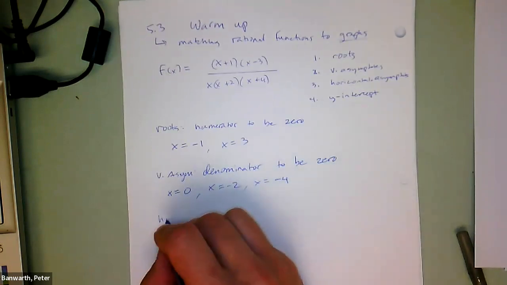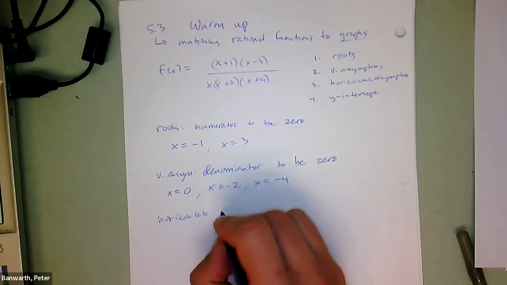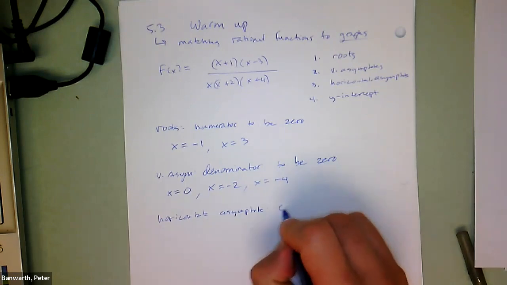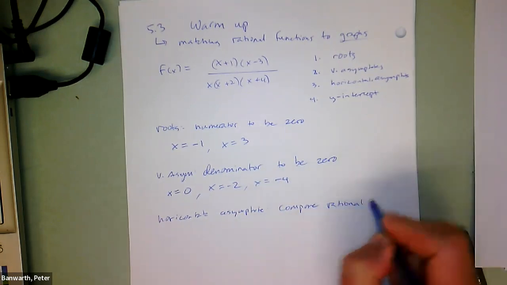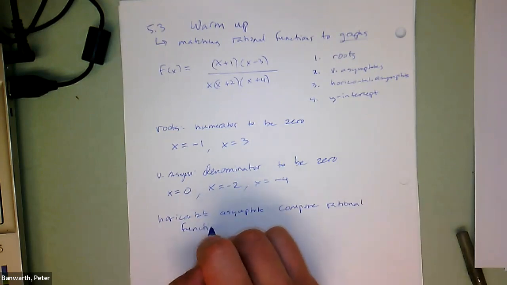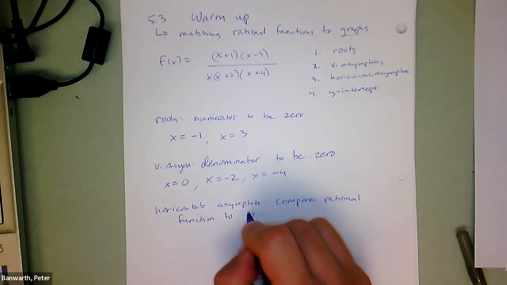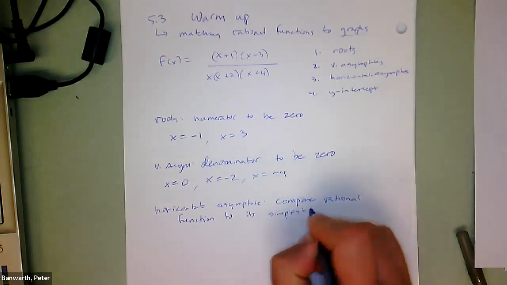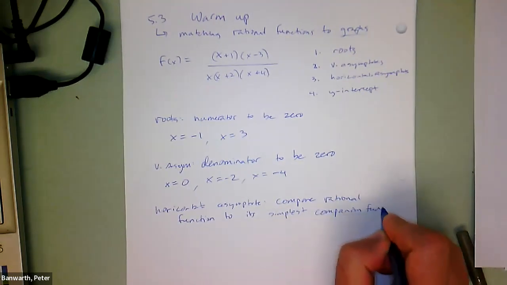For a horizontal asymptote, we want to compare the rational function to its simplest, I'm going to call it companion function.